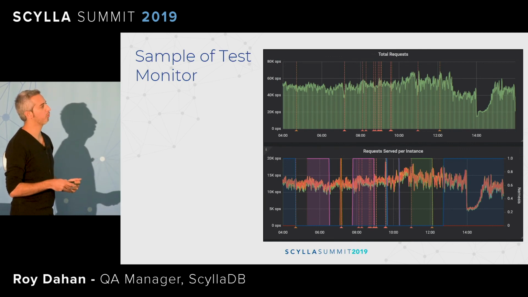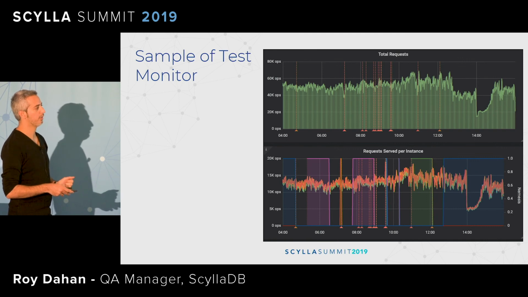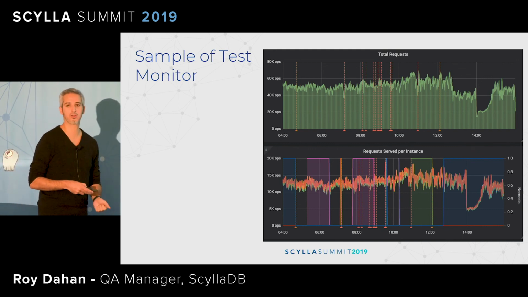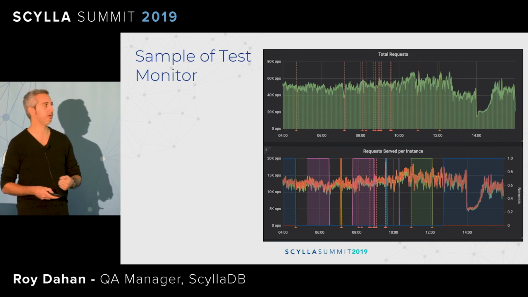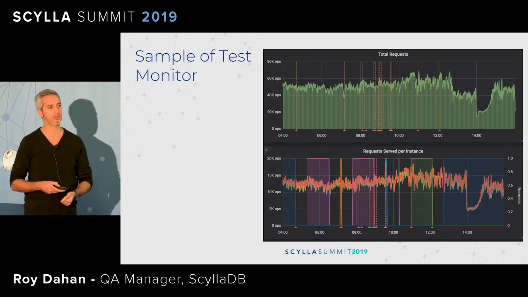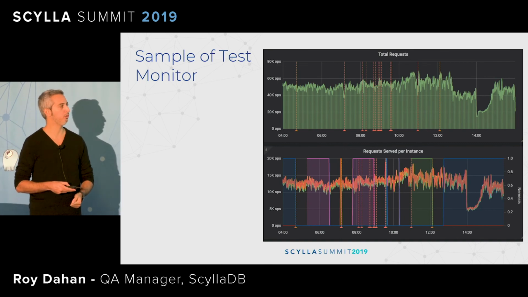So in this case, we saw that we had critical events during this Nemesis. We go and check what happened in this Nemesis, look at the logs, and it helps us to better analyze what happened during the tests, and then report the issues.